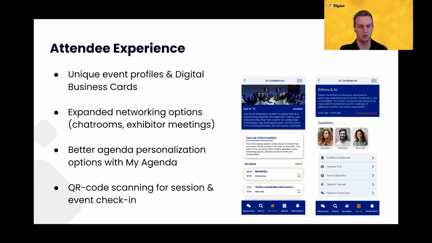We've expanded on creating meetings with exhibitors, so if attendees want to reach out to exhibitors, they can schedule meetings. We've created a new My Agenda system that's going to allow much better agenda personalization options. And then lastly, we've added QR code scanning for both session and check-in for the entire event as well. And you can see some of our designs there on the right.